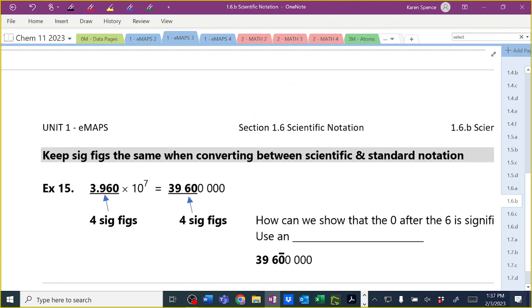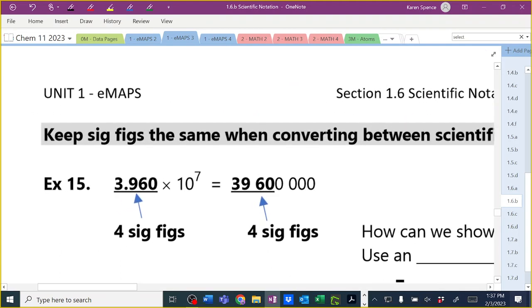This is just keeping the sig figs the same. So here we have 3.960 times 10 to the 7, and we have that decimal right there. So that means that the 0 on the right is significant because we have a decimal.